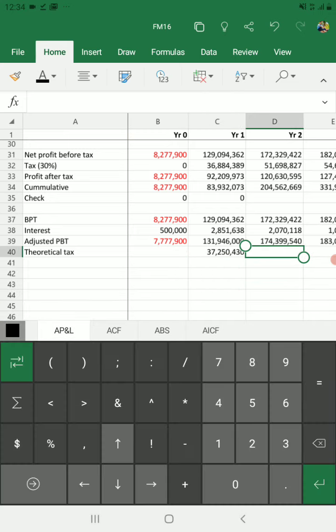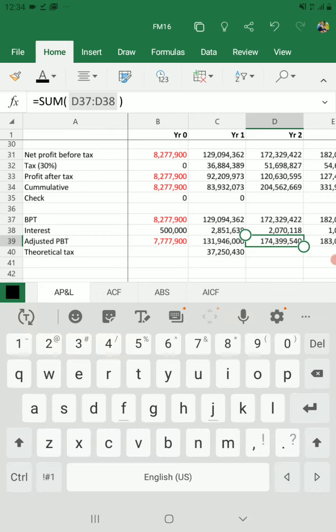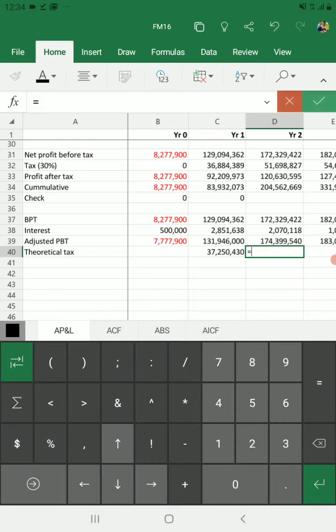For year 2, because we do not have cumulative losses, we take tax computation directly from our adjusted tax figure, which is here. So what we do is simply start with equal sign and then click on this adjusted figure and then multiply by 30%.